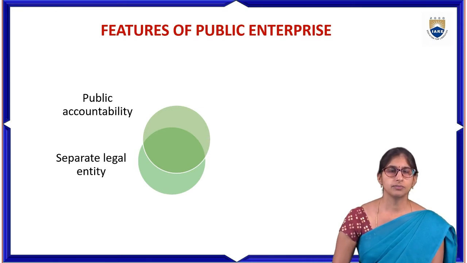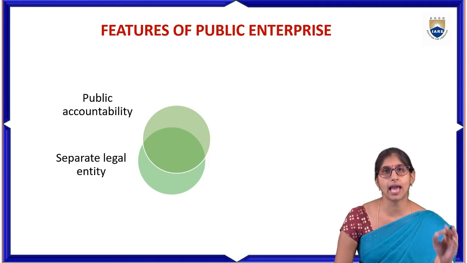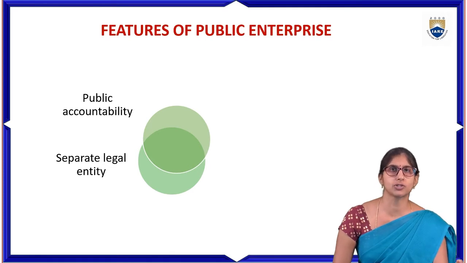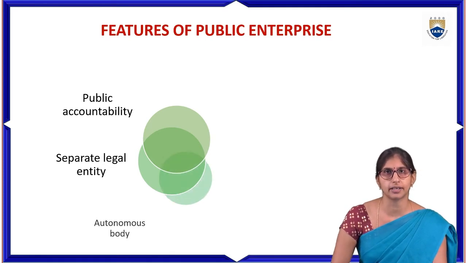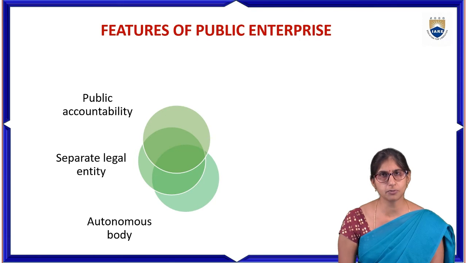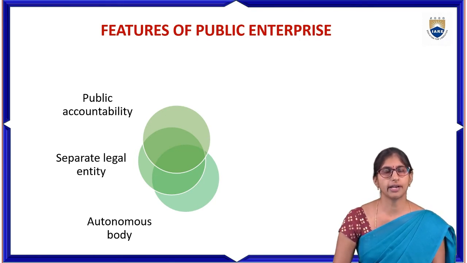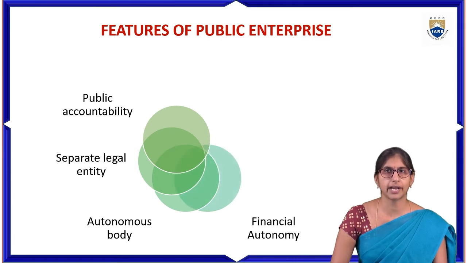Okay, so this public enterprise is created only to help the people or to promote social welfare in society, and it is an autonomous body which conducts all its activities on its own.